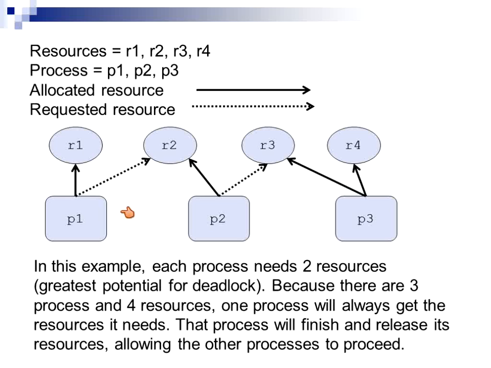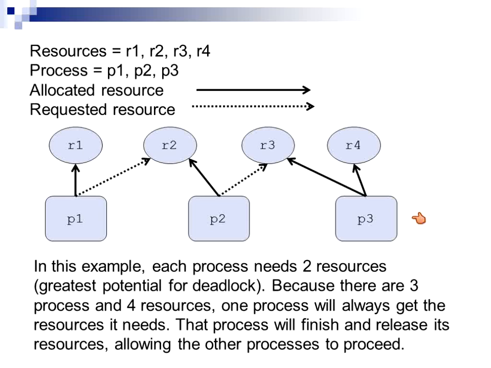So in this example, I'm going to say P1 grabs resource 1, but before P1 can grab resource 2, P2 grabs resource 2. So P1 is waiting on resource 2 while P2 is holding resource 2. It's been allocated resource 2. And I'm also going to assume that before P2 can grab its second resource, which is resource 3, P3 grabs resource 3 and then also grabs resource 4.